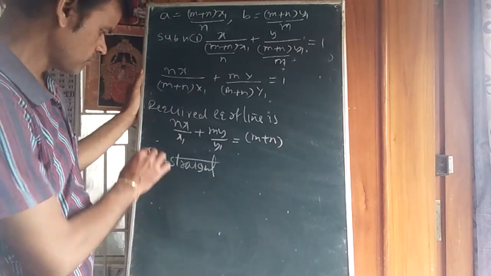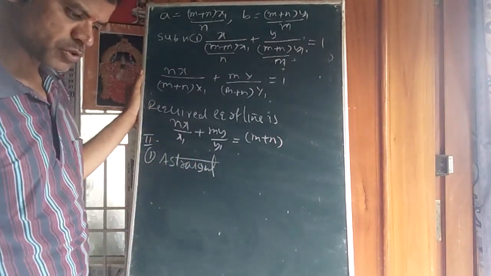Write the question, Roman number 2 first question. Among the first question, 3 bits are there.